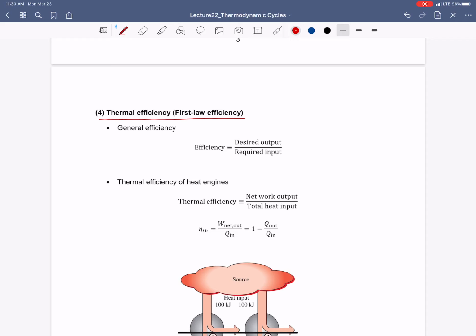Now, in general, the thermodynamic efficiency, or let's say the thermal efficiency, is defined as the desired output versus required input. That is a very general definition of a thermal efficiency. Now, if you apply that general definition to a heat engine, what is our desired output? Why do we operate the heat engine?